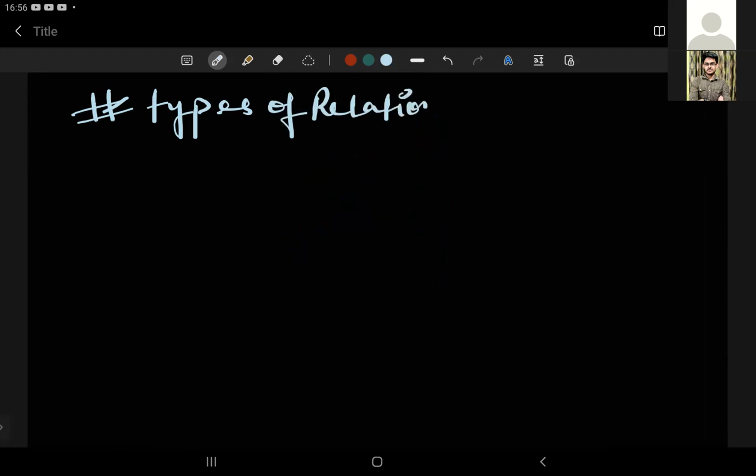So the basic types of relation. Number 1, we have the identity relation.